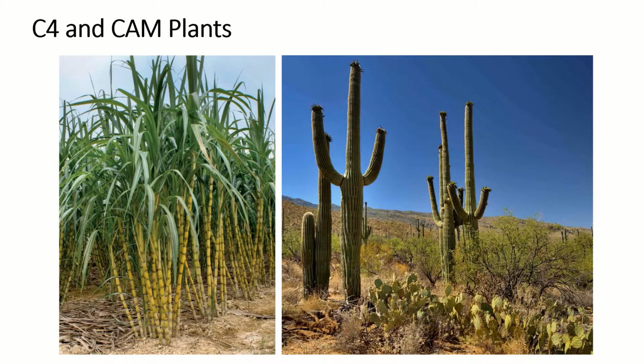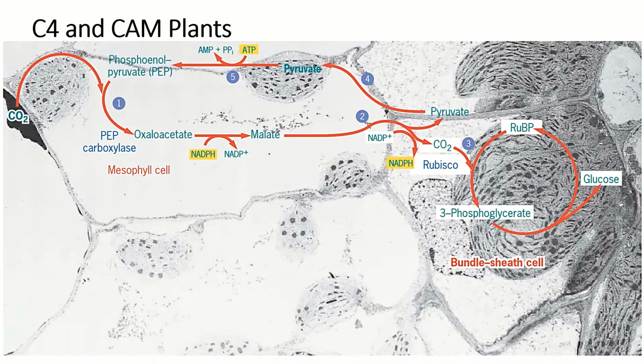So what these plants do is, as you can see in this illustration, they locate their carbon fixation deep within the leaf, in the bundle sheath cells of the leaf.